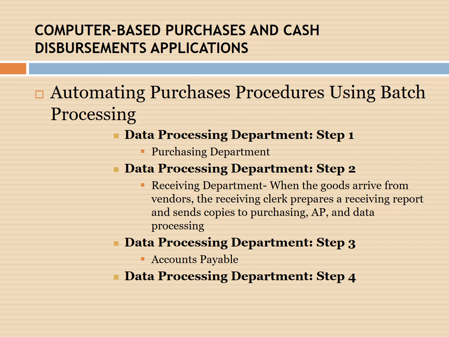In accounts payable, when the accounts payable clerk receives the supplier's invoice, he or she reconciles it with the supporting documents that were previously placed on the accounts payable pending file. The clerk then prepares a voucher, files it in the open voucher file, and sends a copy of the voucher to data processing.